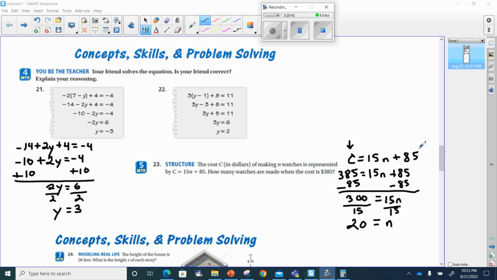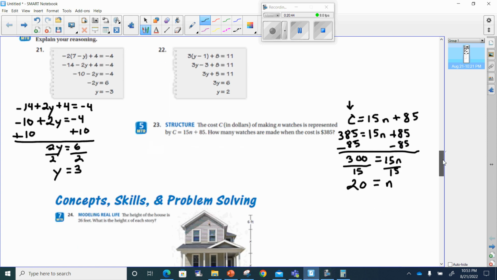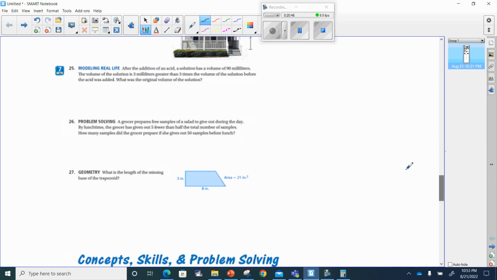All right, let's go on to number 25. It says after the addition of an acid, a solution has a volume of 30 milliliters. The volume of the solution is 3 milliliters greater than 3 times the volume of the solution before the acid.